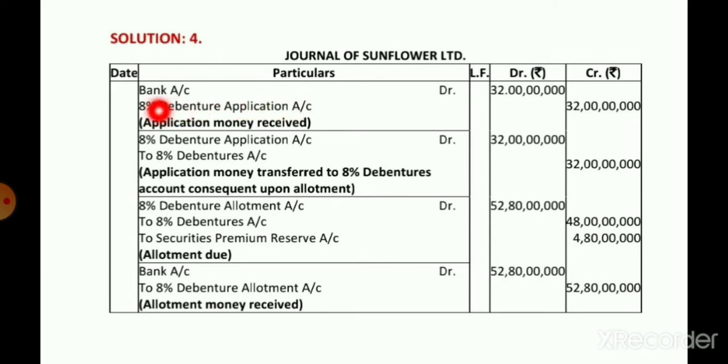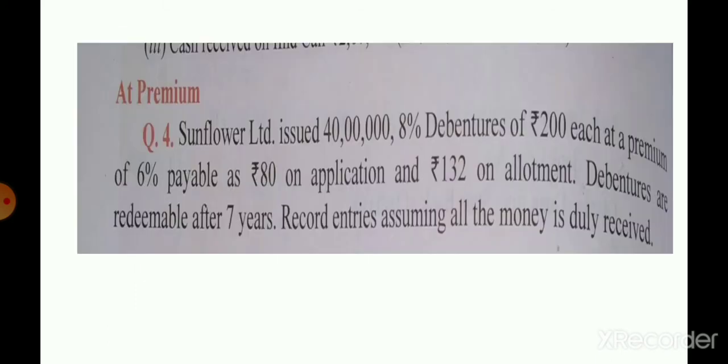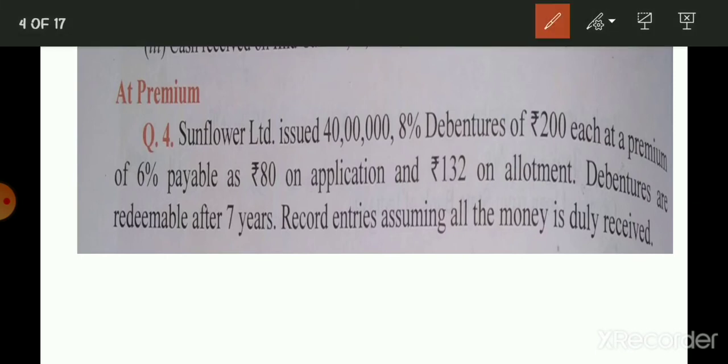Bank account debit to 8% debenture application. How is it calculated? 80 multiplied by 40 lakh debentures, not shares, debentures.